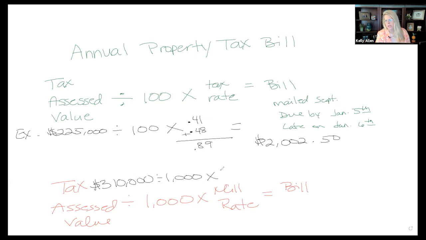And let's do a mill rate of 15 mills and see what their bill is going to be. 310,000 divided by 1,000. 1, 2, 3. Multiply by 15. That's the mill rate. All right. And their bill is going to be $4,650. Very good.